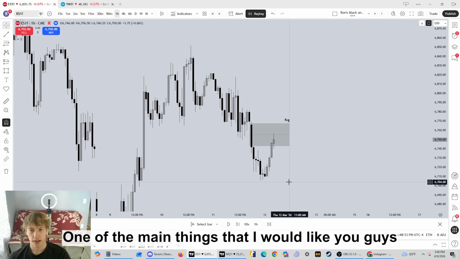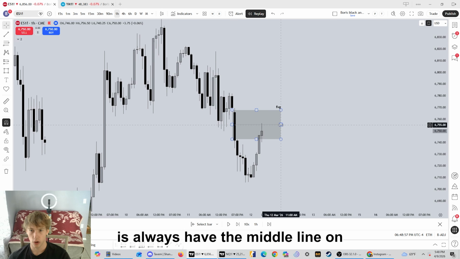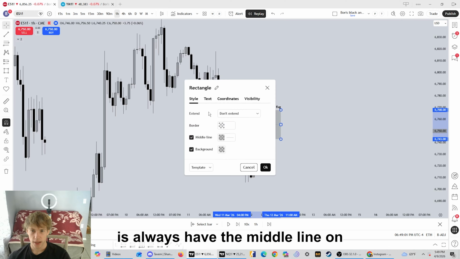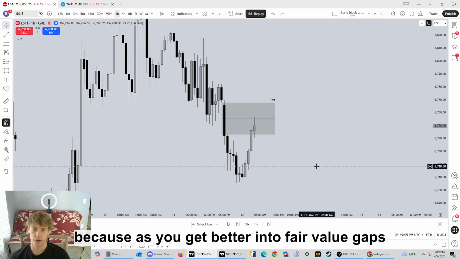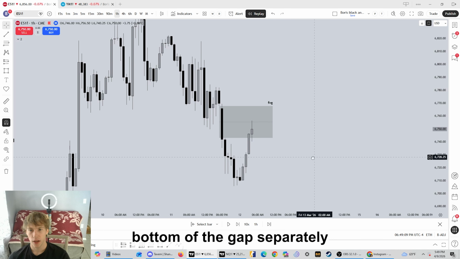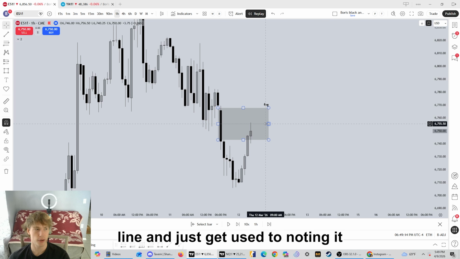One of the main things I would like you to be doing currently is to always have the middle line on, because as you get better at fair value gaps, you're going to be looking at the top and the bottom of the gap separately. For this reason, it's always nice to have this line and just get used to noting it.